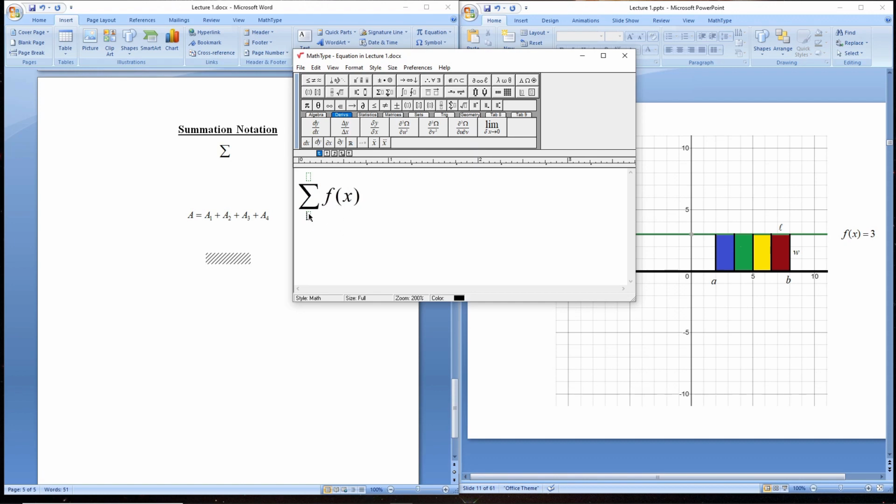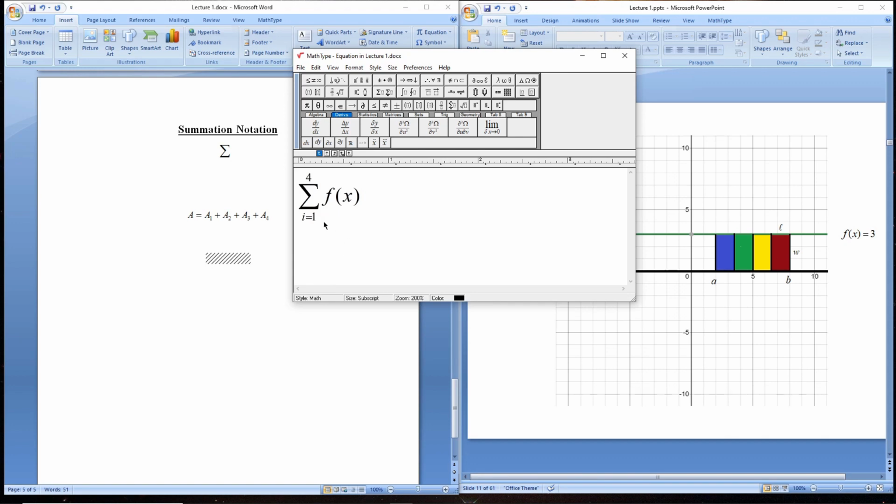And at the bottom, in this box right down here, this indicates the index that we're going to start with. So if we look at our expression, we're going from 1, 2, 3, and 4. So we're starting with 1. And that's what we would put here. We would say we're going to start with 1. And we're going to end with 4. And where we end goes on the top. So start on the bottom, end on the top. And the summation symbol does use integers.